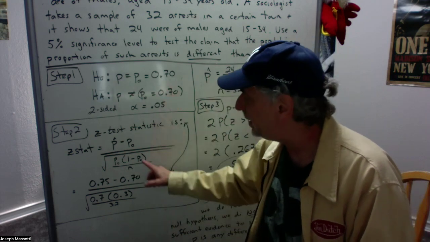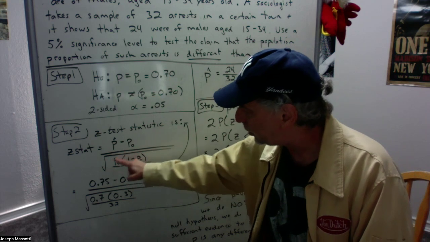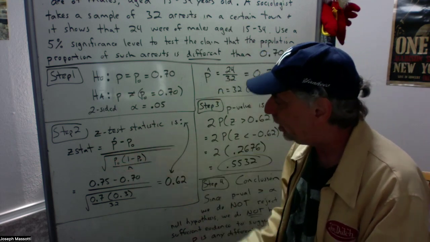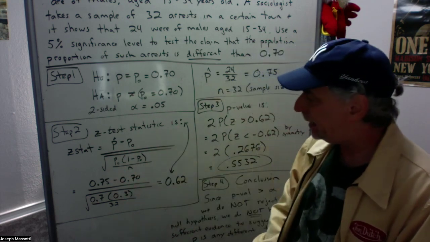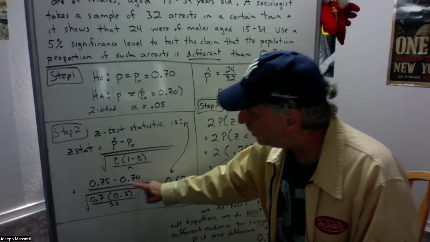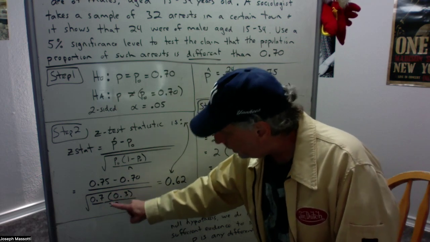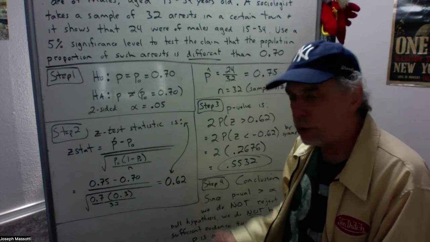For hypothesis tests, we're going to use the hypothesized value in our expression here in the denominator of the z-test statistic. So we throw all those numbers in, we calculate the z-test statistic: sample proportion minus hypothesized value, over the square root of hypothesized value times 1 minus hypothesized value, divided by the sample size, round to 2 decimals.